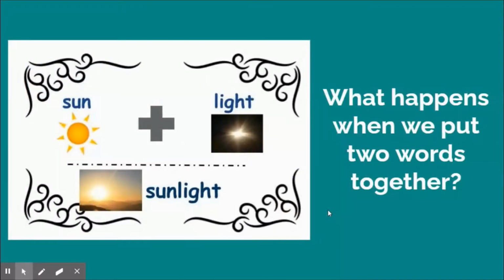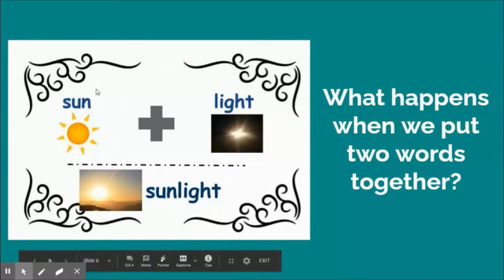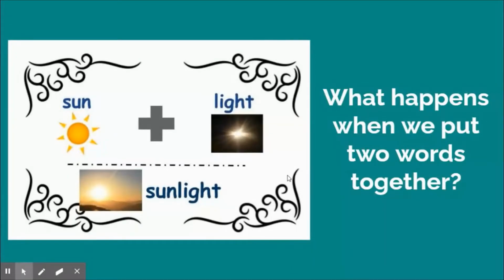Okay, so tell me what happens when we put two words together. So here we have the word sun and we have the word light, and we're putting it together to do what? What are we doing? Okay, well, if you're saying that we're putting them together to create a new word, then you are totally correct.